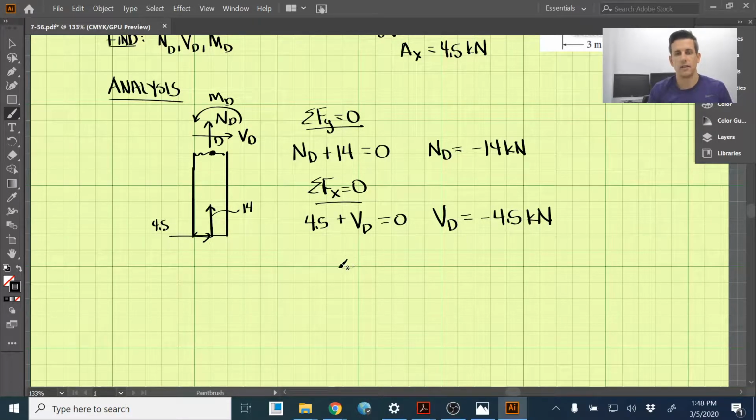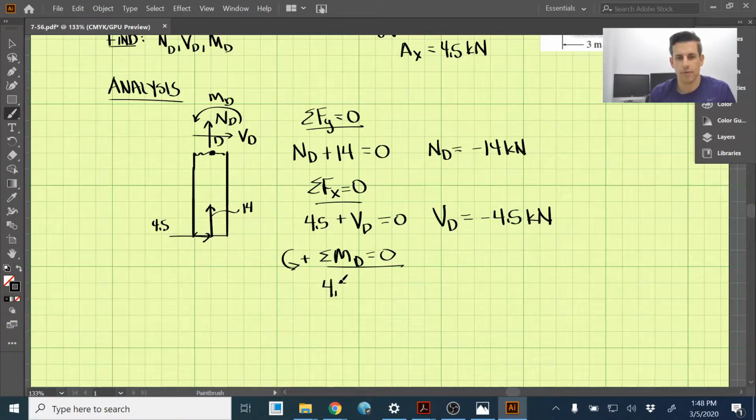Then lastly, taking the moments around D. So sum of the moments around D, set those equal to 0. And we'll call counterclockwise positive here. All right, so what forces create moments around D? VD is actually going right through D, so that will not contribute. ND is right at D, that will not contribute. And the 14 is also going right through D, so that will have no contribution to the moment as well. So we just need to take into account this 4.5.